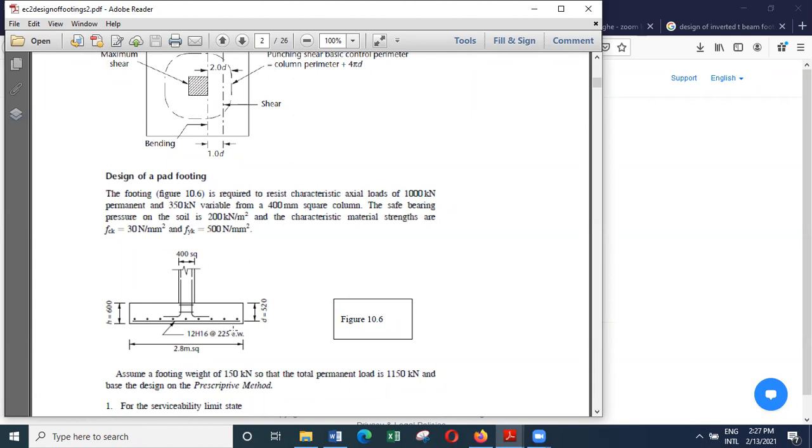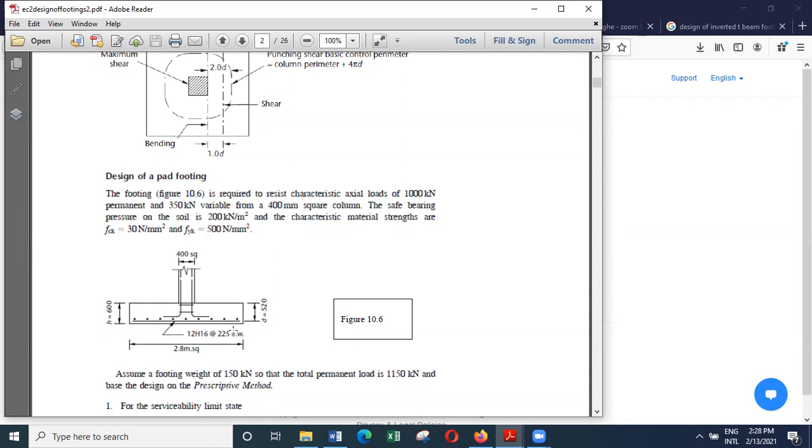If you look at the load, that is 1000 kilonewtons of dead load plus 350 kilonewtons of variable load, and if we allow about 10% for the weight of the base, we can multiply it by 1.1, and then divide by 200, that is the bearing capacity available.